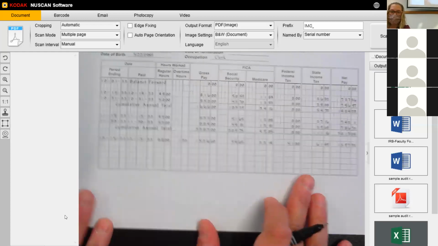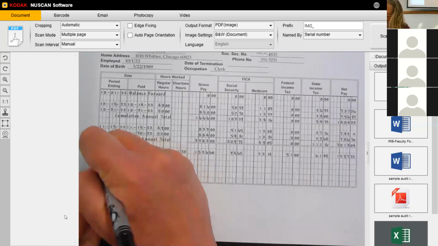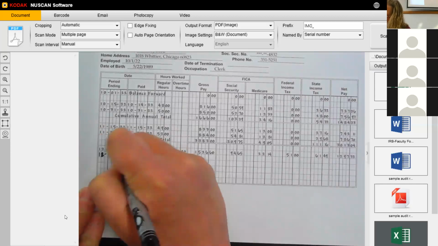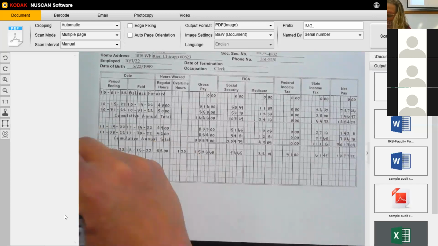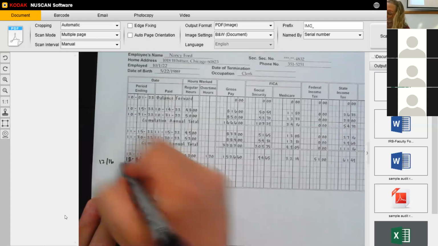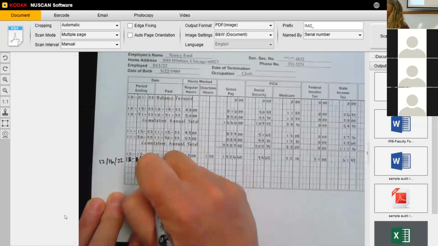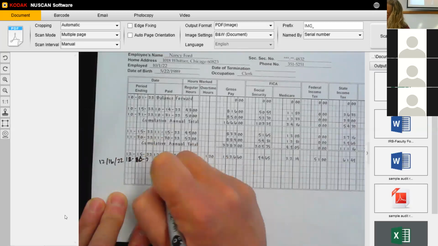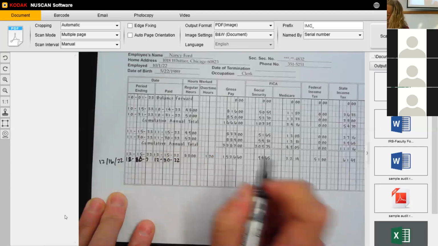That should read 12/16/22 as the start of the pay period, and 12/30/22 as the end of the pay period.